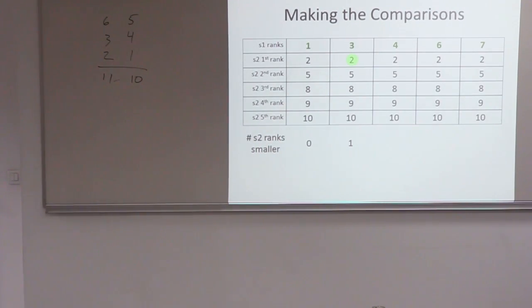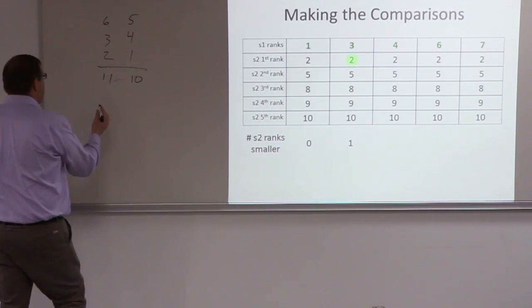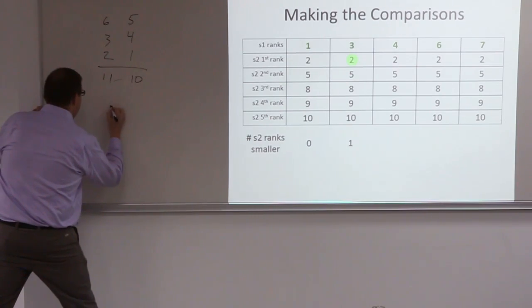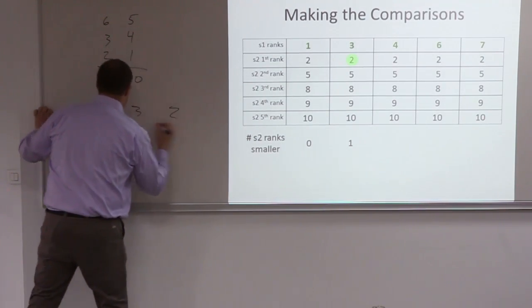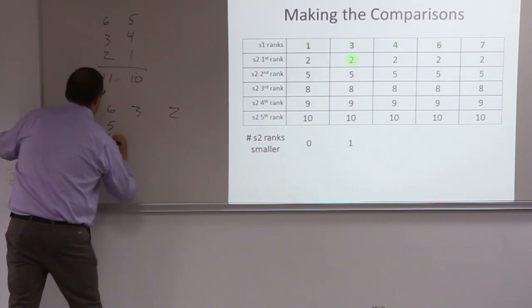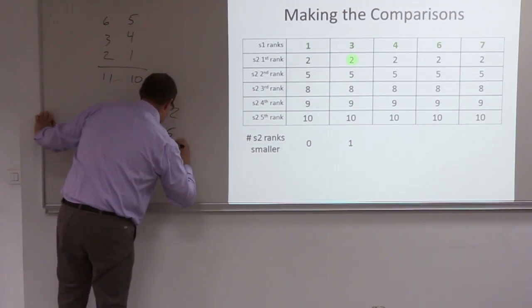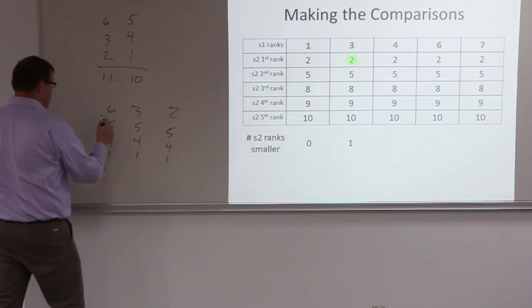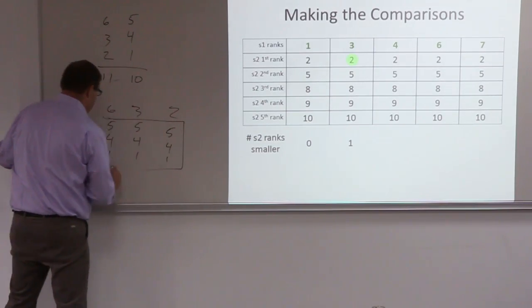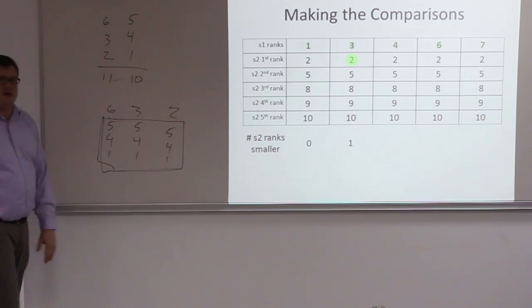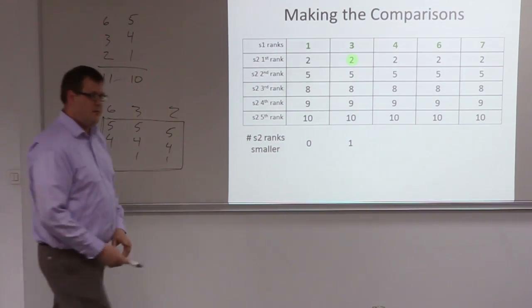In my example, I believe I had it exactly adding up to one another. But let's take a look. So if we have 6, 3, 2, and we have 5, 4, 1. Notice here we have 9 comparisons that we're making, right?